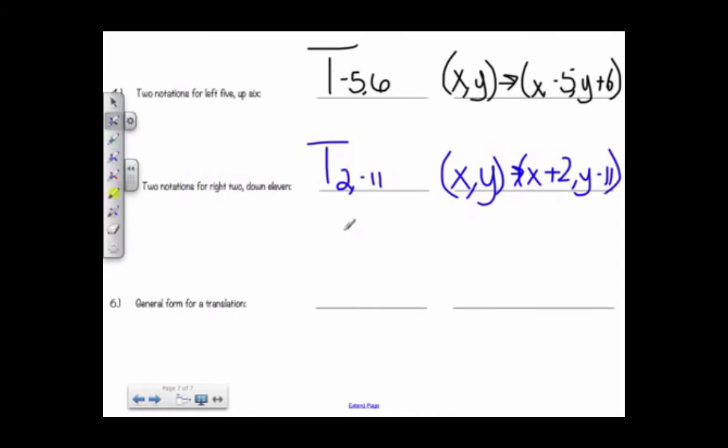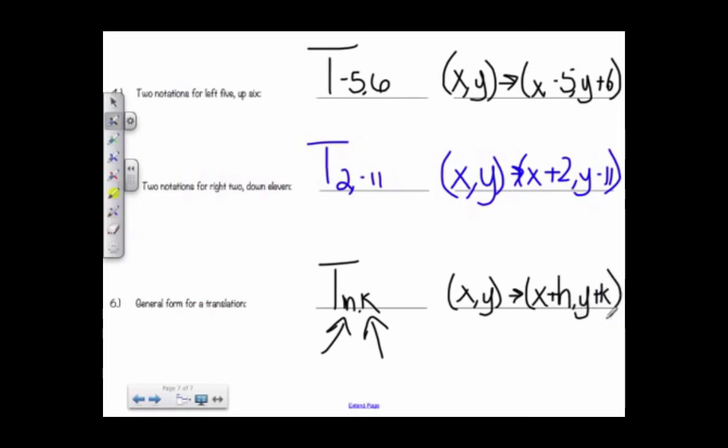Lastly, I just want to talk about the general form for a translation. So the general form for a translation would be capital T and then (h, k), which means that you're changing horizontally h units and vertically k units. Or you could say (x, y) turns into (x plus h, y plus k).